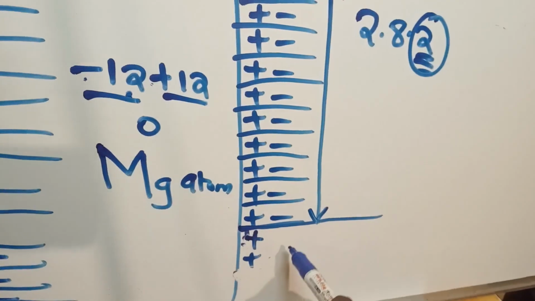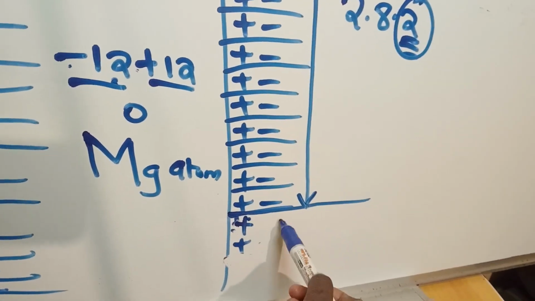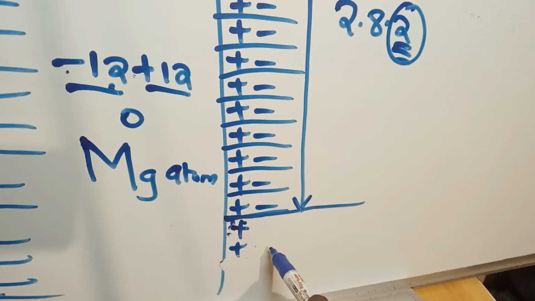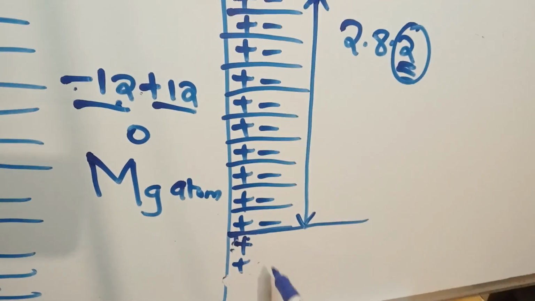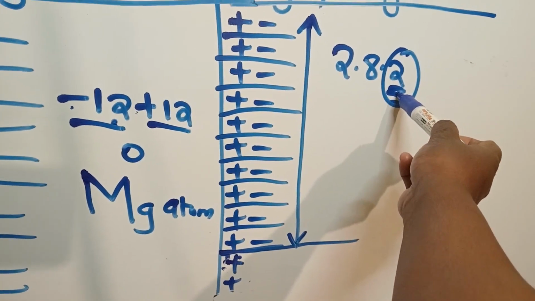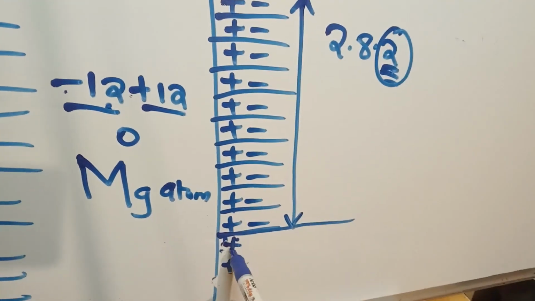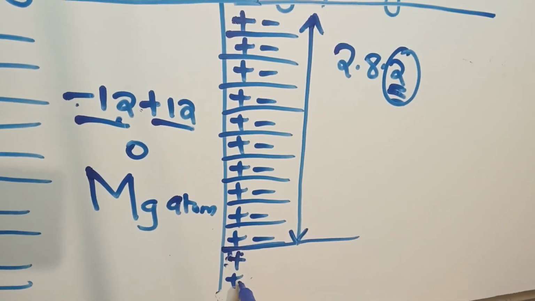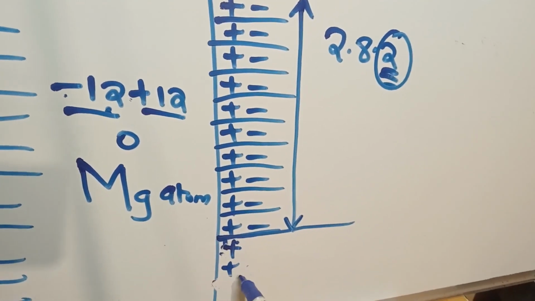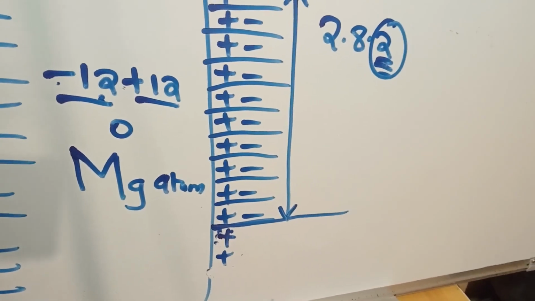But when we reach down here, these 2 positives have just lost each a negative. So that means when a magnesium loses these 2 electrons in the outermost energy level, there will be these 2 positives that will be left hanging because their fellow negatives have just been lost.